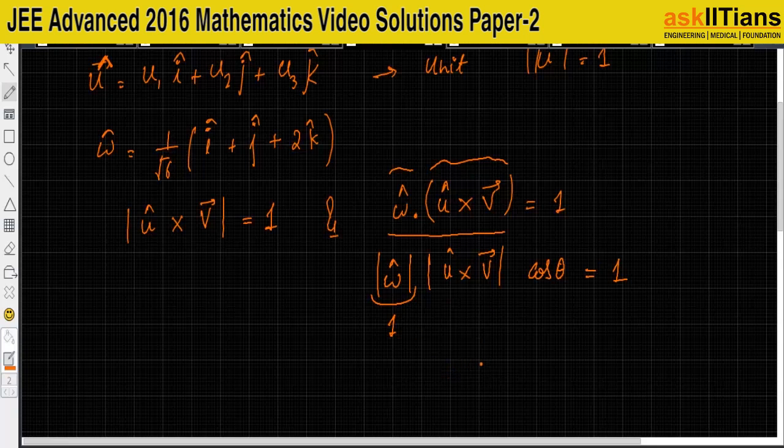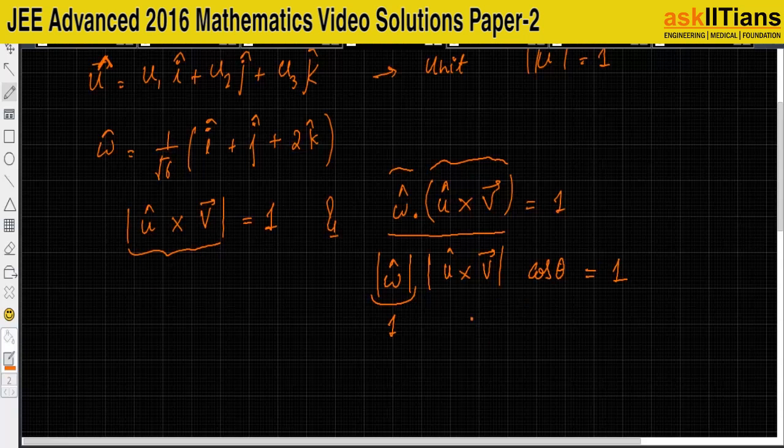And what will this quantity be, the magnitude of u cap cross v? This quantity is also 1, it's given in the question.